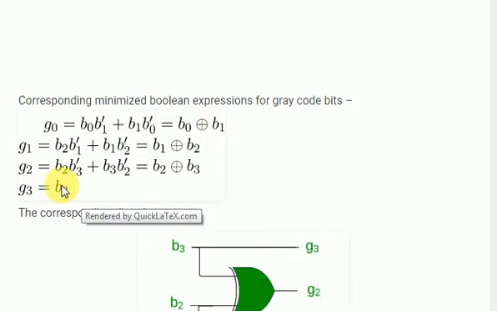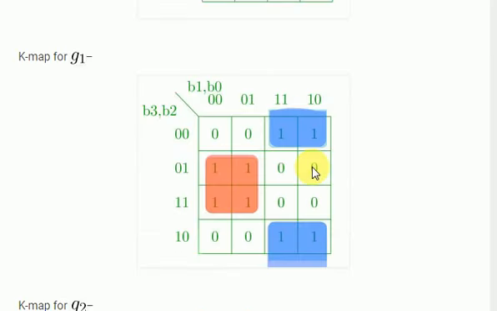Now comes the K-map of G1. Here for G1 we are having 1 at 0 0 1 0, 0 0 1 1, then 0 1 0 0, 0 1 0 1, 1 1 0 0, 1 1 0 1, and then 1 0 1 1 and 1 0 1 0.